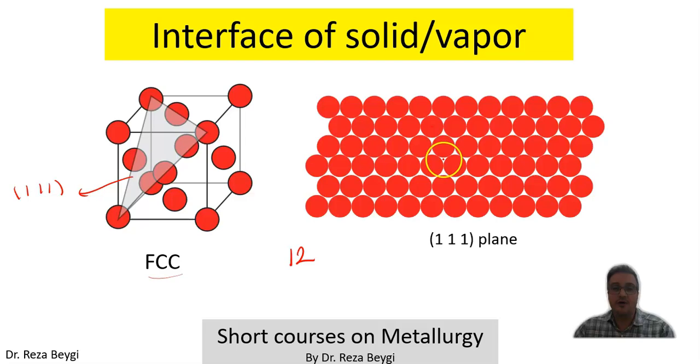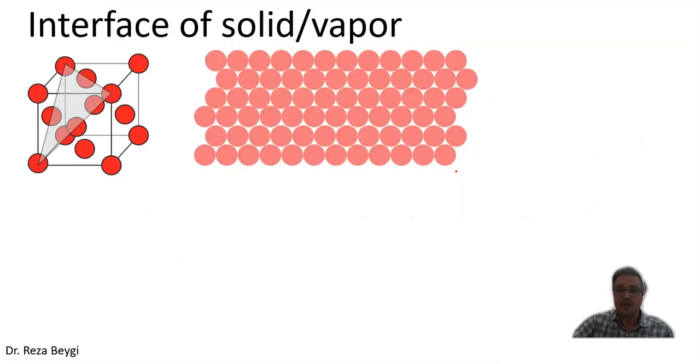Because as you can see in this plane, the atoms are packed together, and here we have the highest mass density of all crystallographic planes in this crystal structure. There are 6 atoms around each atom. So first we have 6 atoms in this plane that are neighbors to each atom. We have other atoms in the lower plane and also in the upper plane, close to this plane that you see in this figure.